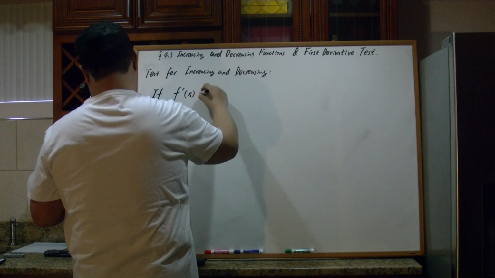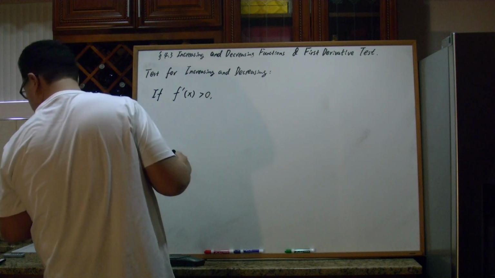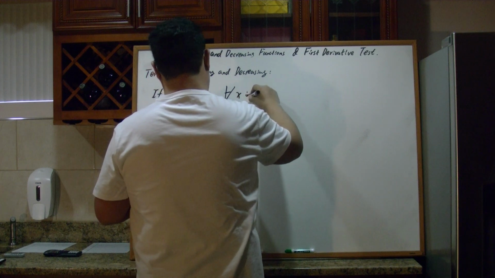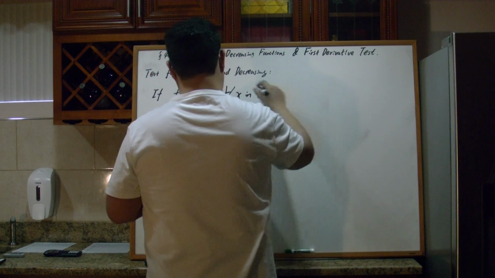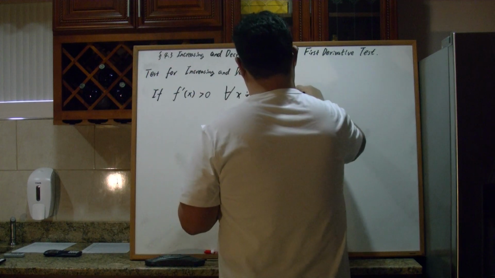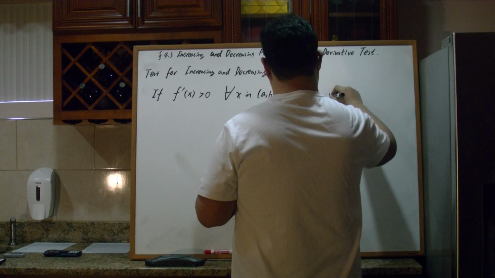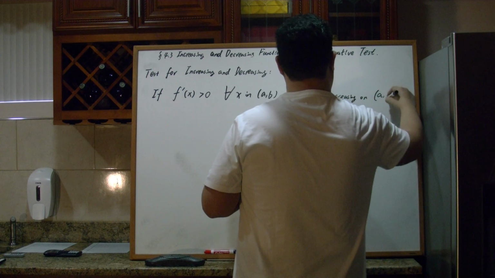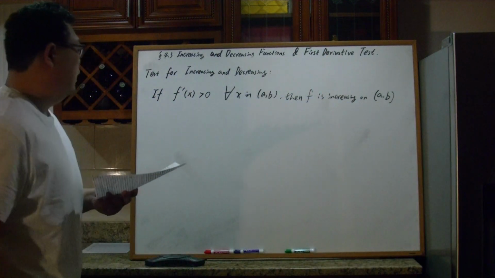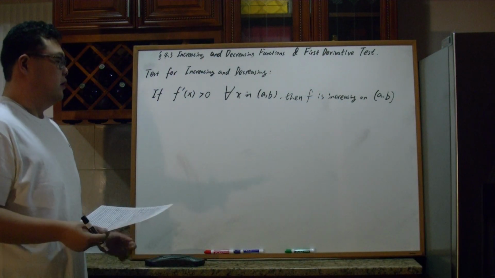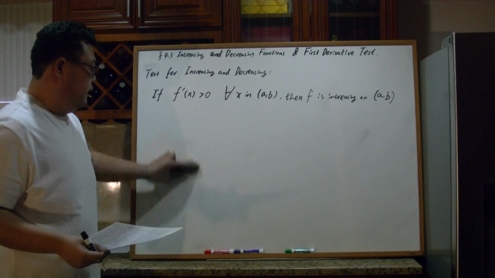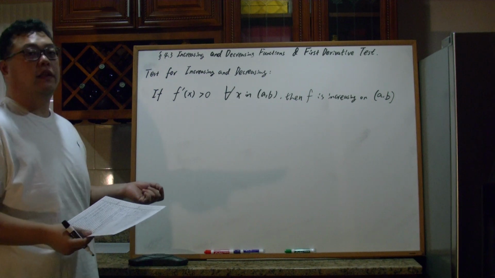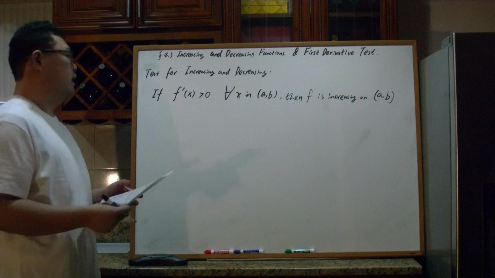If f prime of x is greater than 0 for all x in (A, B), then f is increasing on (A, B). We have discussed differentiability on the open interval, and therefore when we discuss increasing or decreasing intervals, it is on the open interval.